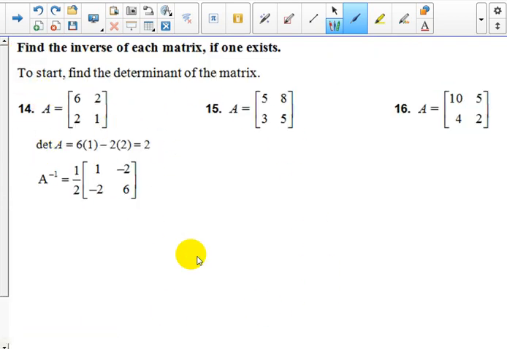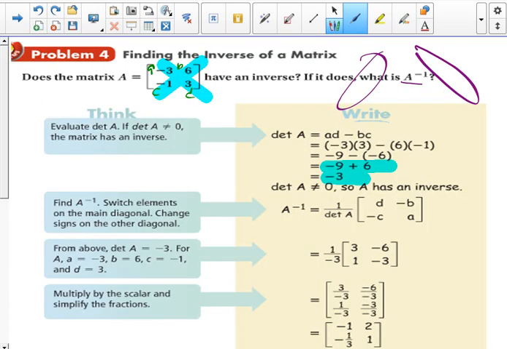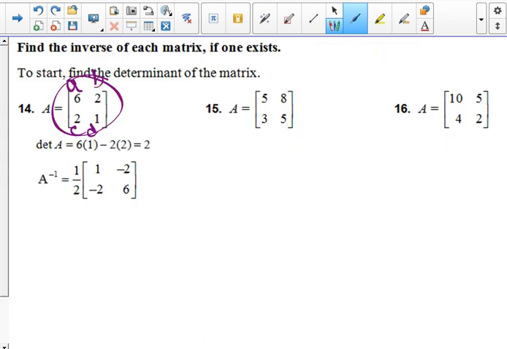Okay, we'll do number 14 in your book, and then we'll do 15, 16 with the calculator. So here's matrix A. So we know this is our A, B, C, and D. So if you get the determinant of this, it comes out to 2.